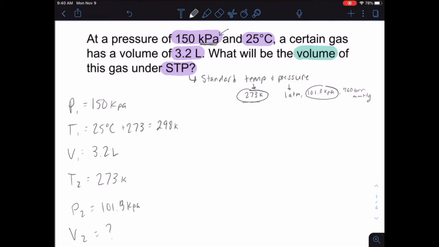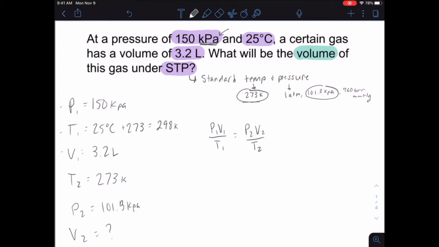So since we have pressure, volume, and temperature, that means we're going to need to use the combined gas law, which the formula for that looks like this. P1 V1 over T1 equals P2 V2 over T2.